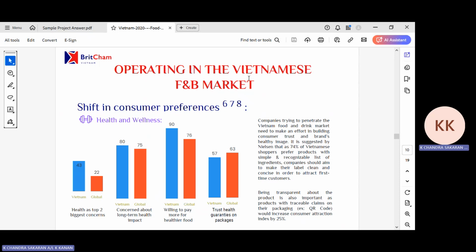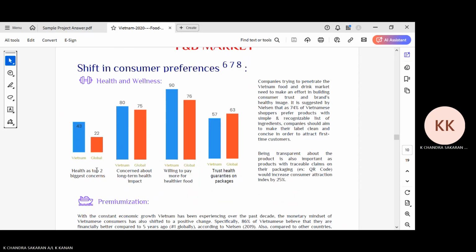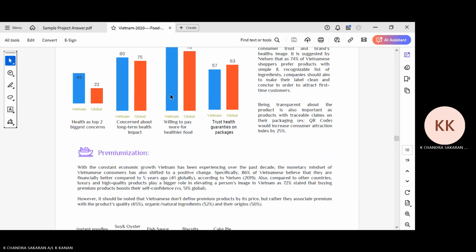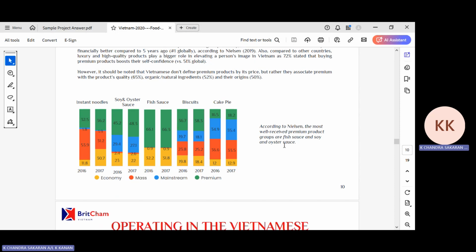It's not operating in Vietnam, but talking about consumer preference. So how consumer preference changes in Vietnam versus global. Health and wellness is very important nowadays in the food industry. Then you can see all the kinds of products they sell here. Well-received premium products.